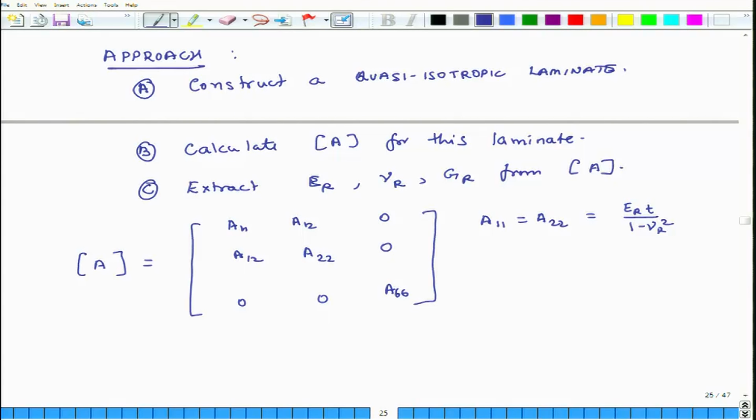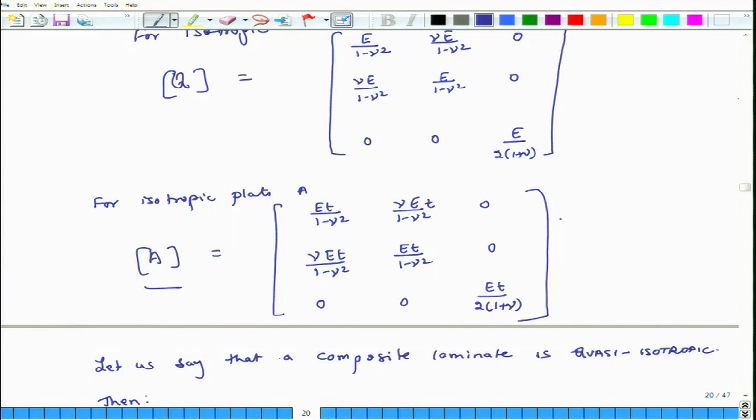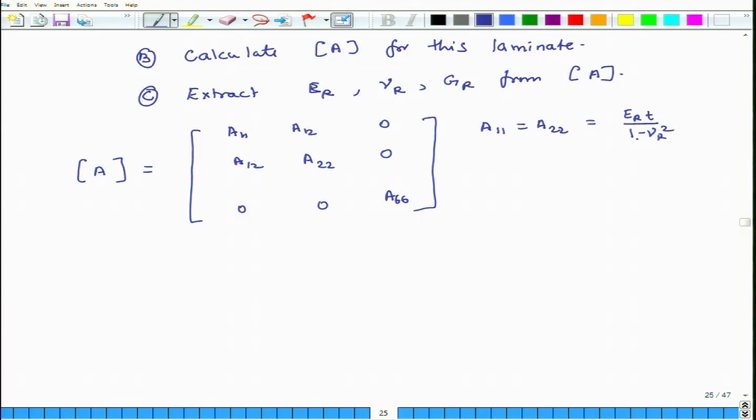Remember, for an isotropic material system, we had said that the elements of the A matrix are given here. So, here if E is ER, that is all I am doing. That is where I am getting this ER from. Similarly, A66 is equal to GR times T, and that equals ER times T divided by 2 into 1 plus nu r.